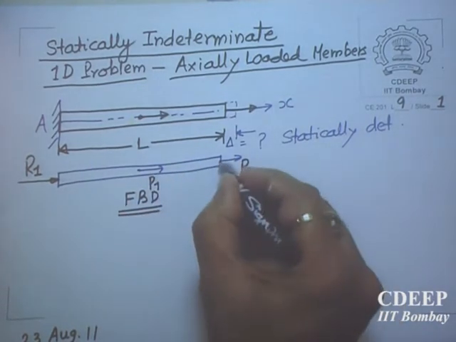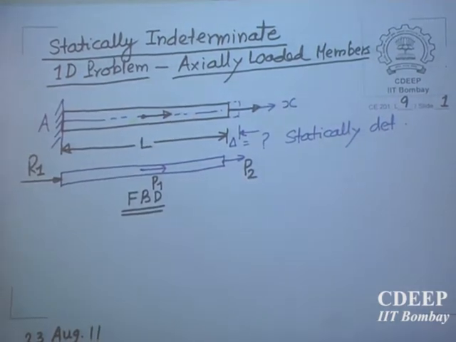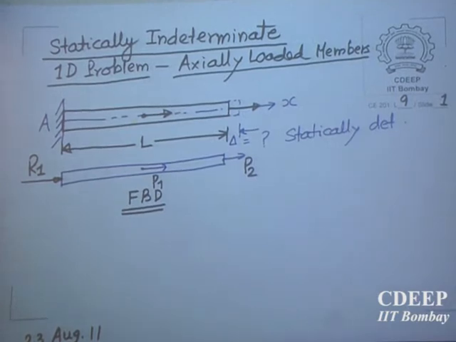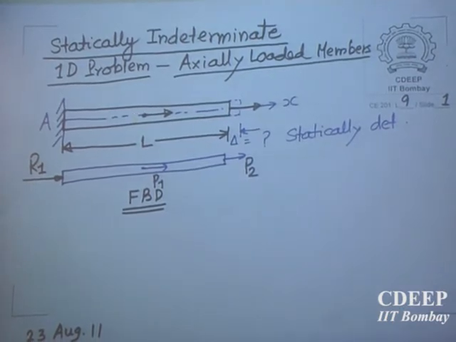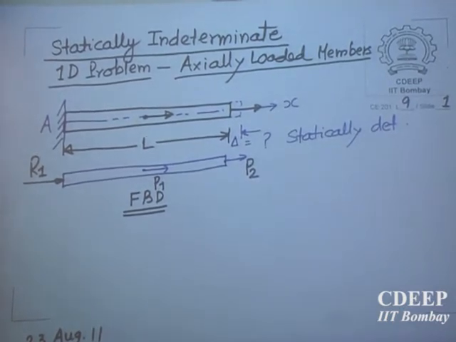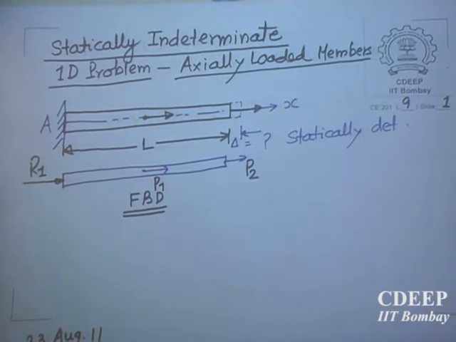P1 here, P2 here, and the reaction, because the support has been removed, so it is a free body diagram. You can find the value of the reaction by summing all the forces only in the x direction. There is only one condition of equilibrium, the sum of all forces in the x direction. So you can find the value of R1. So this is determinate, straight away determinate.